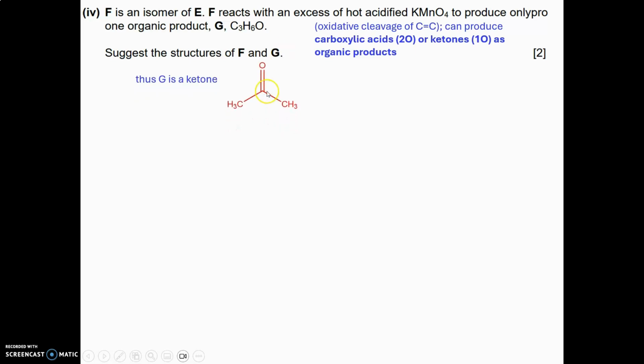So G has this structure, and from here we can conclude that F has this structure, this part where in a double bond, one of the carbon atoms has 2 methyl groups attached to it.